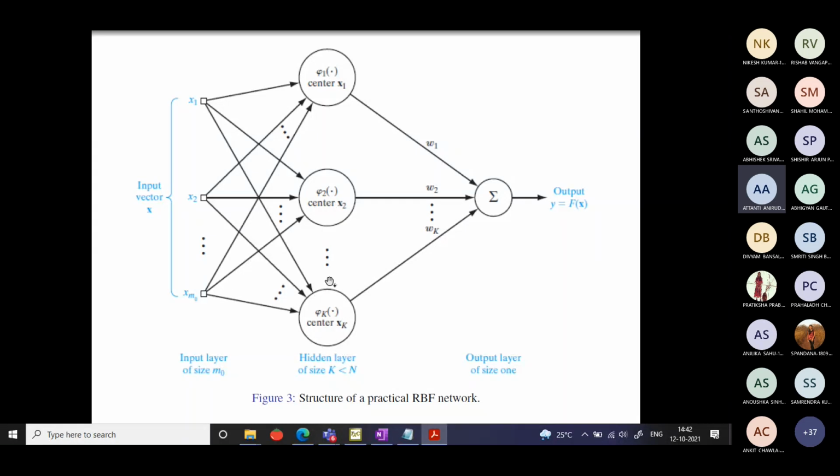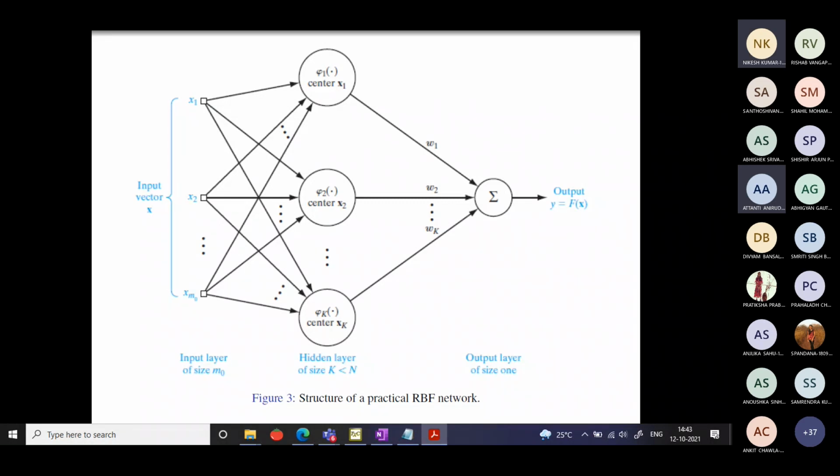So the center I found. Somebody asked the question, how do I find the center of my Gaussian parameters? Effectively, one of the parameters of the Gaussian radial basis function network is nothing but the center. So how do you know it? I told you this will cover the centroid.